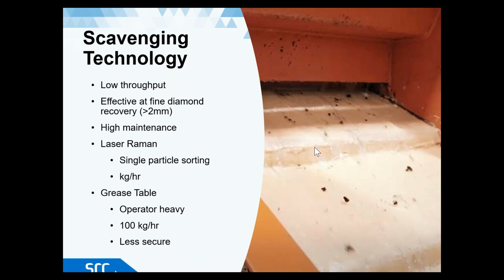And we find it works very well, but again, it's hard to scale up, and it also becomes fairly operator heavy. And there are a lot of variables with grease that are less attractive, with it being obviously less secure. It is more of a hands-on process, and if you get into automatic grease belts, they become maintenance heavy.